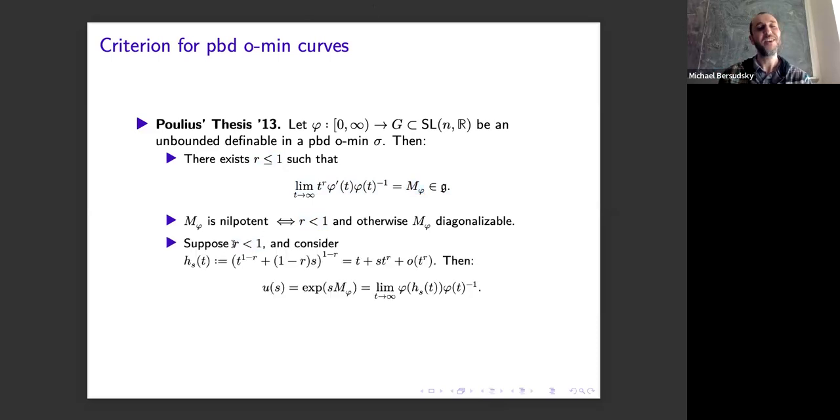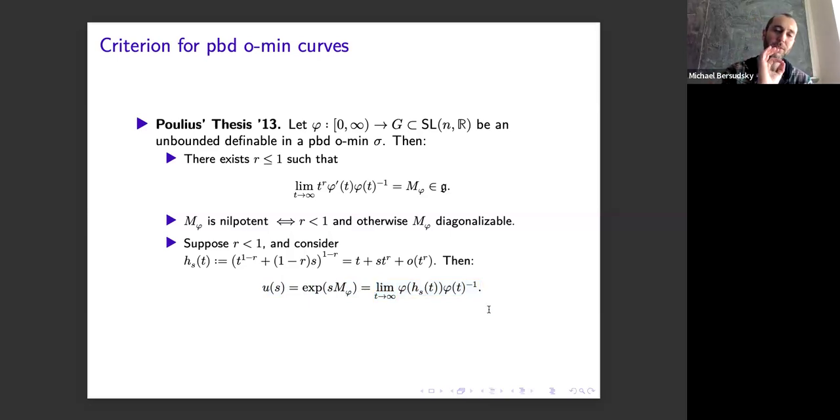Now, moreover, if r is smaller than 1, we provide an explicit family of change of speed maps, and we get a one-parameter unipotent subgroup. It will be the exponential of this nilpotent matrix, and this exponential of the nilpotent matrix is exactly the limit of those differences at infinity.